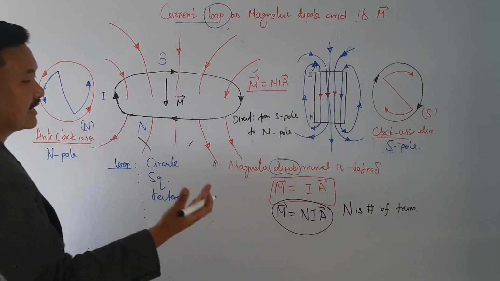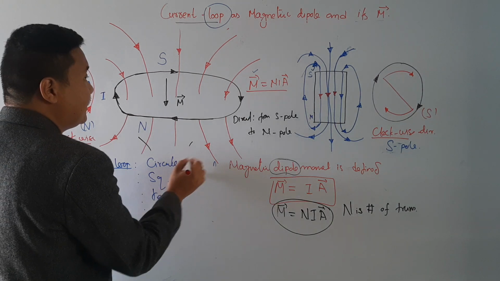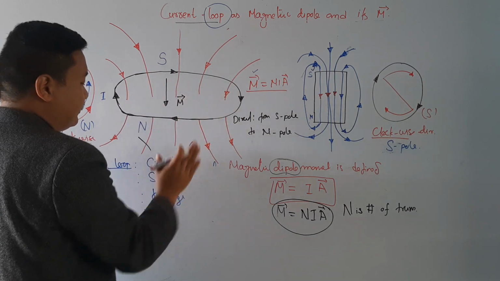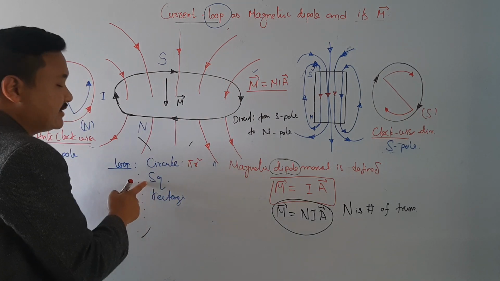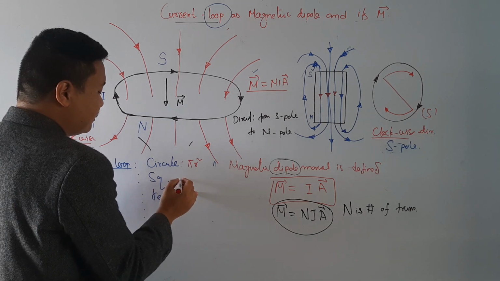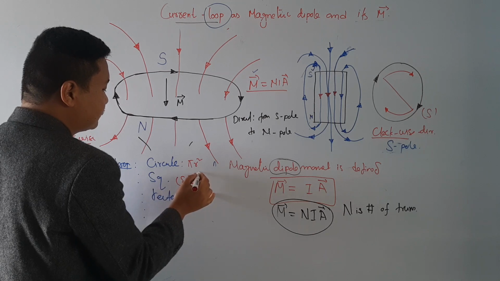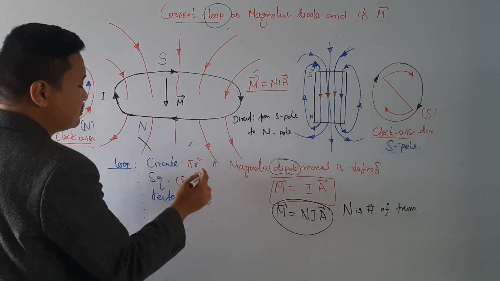So many things: hexagonal, pentagonal, etc. So what is the area now? This area is the area of this loop. For a circle, this will be pi r square. If it is a square, then it should be side square. And for a rectangle, length into breadth, and so many things.